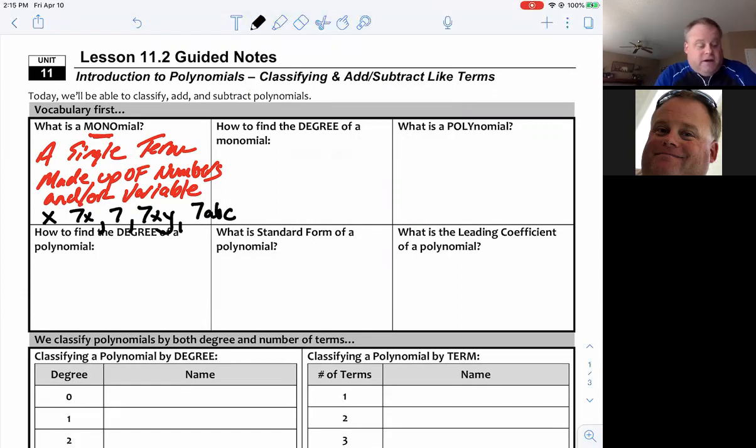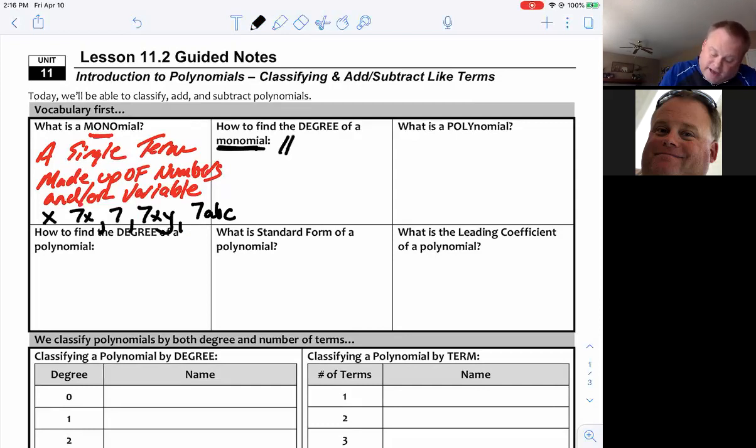How to find the degree of a monomial. So how do we find the degree of a monomial only, okay? This is going to trick some of you up as we get more into the definitions. But for the monomial, it's the highest exponential value when we add the exponents together.